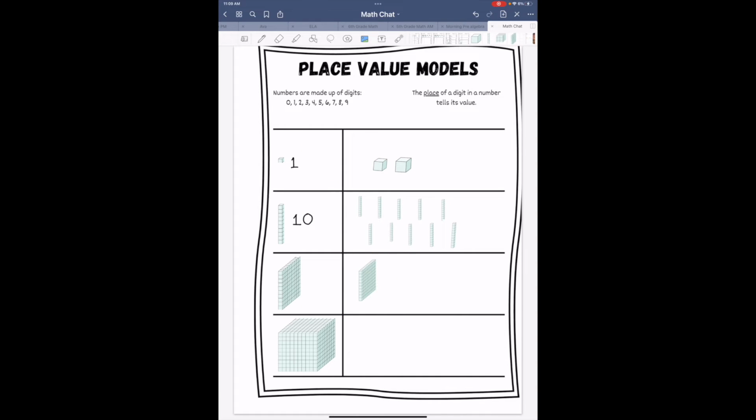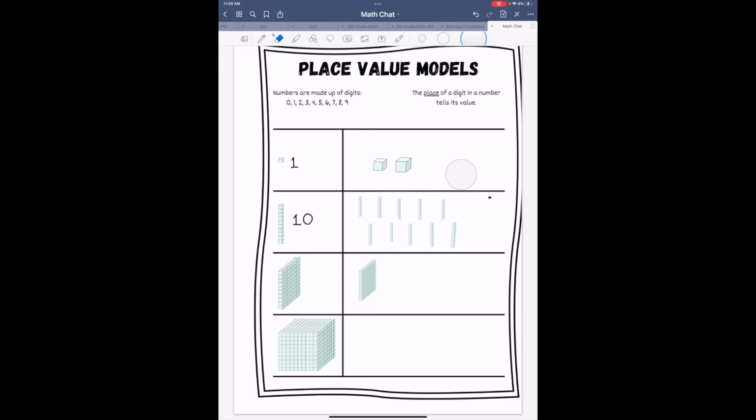Now we have 10 tens is equal to 1 hundred, just like 10 ones is equal to a 10.